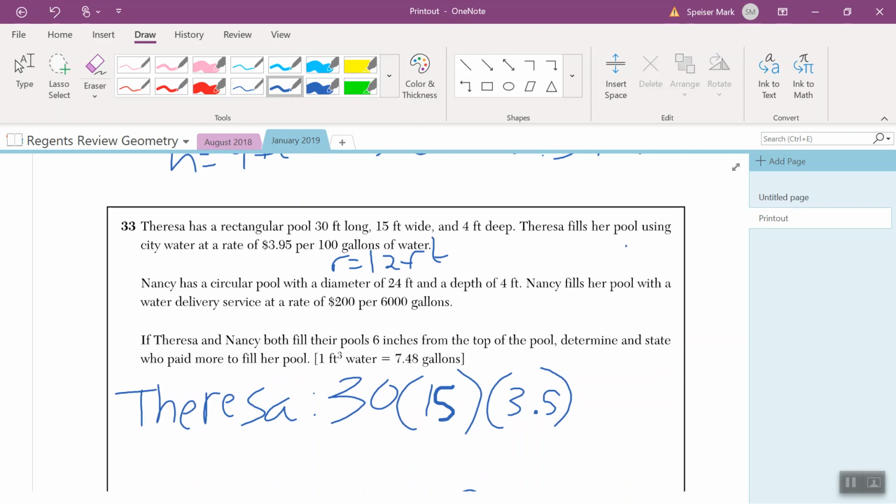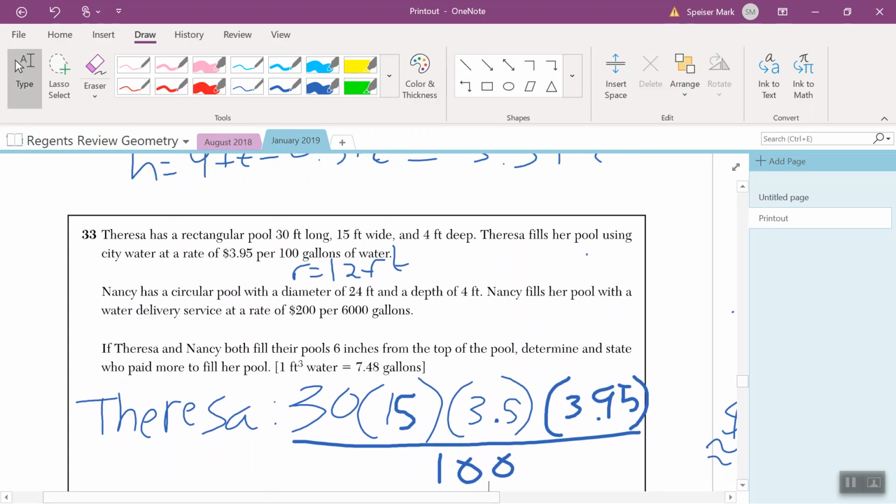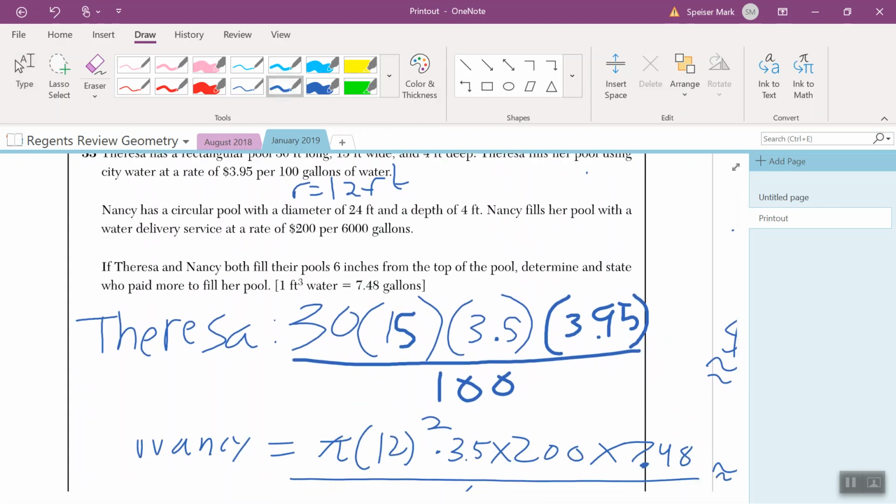Now you multiply it all by the cost, which is 3.95, divide it by 100, and then multiply it by 7.48 to convert it to gallons.